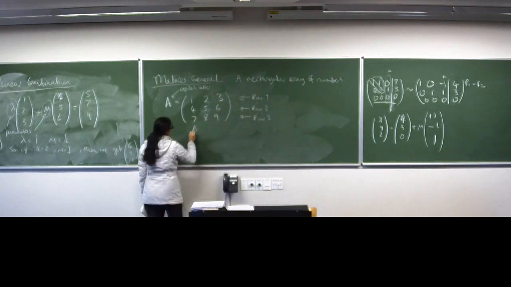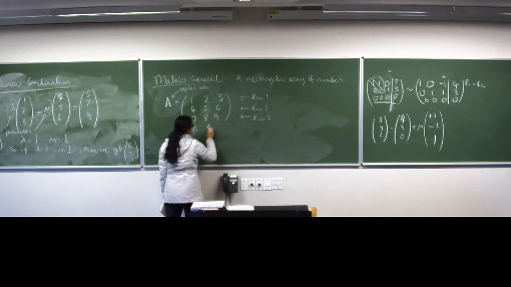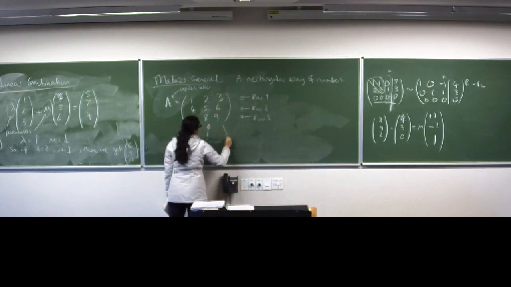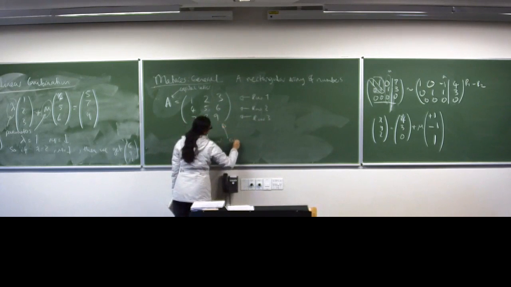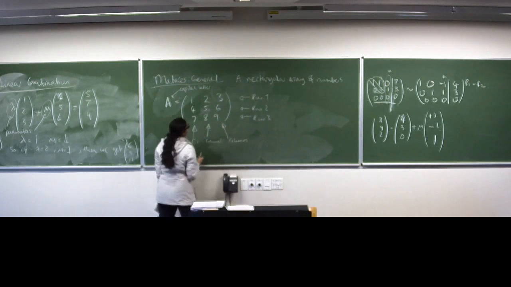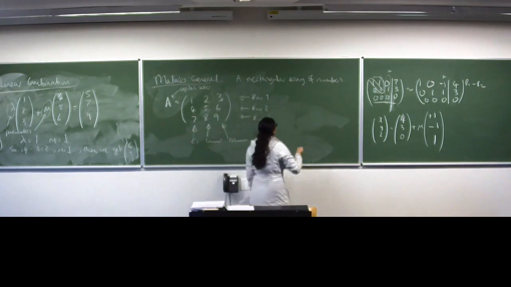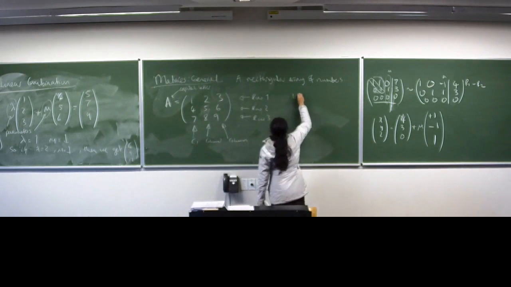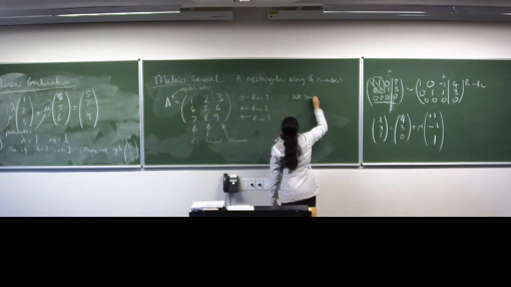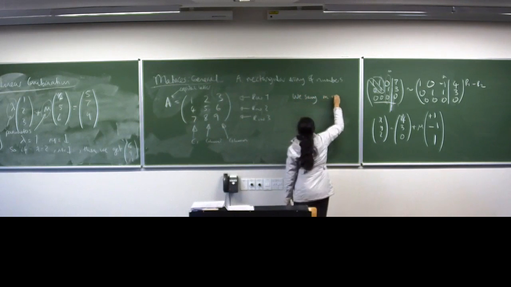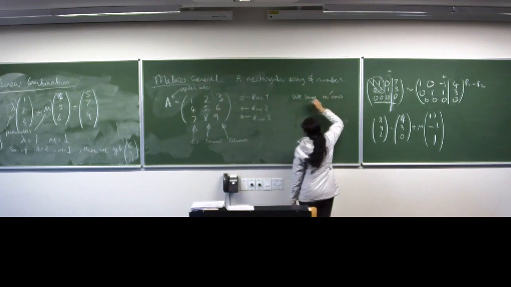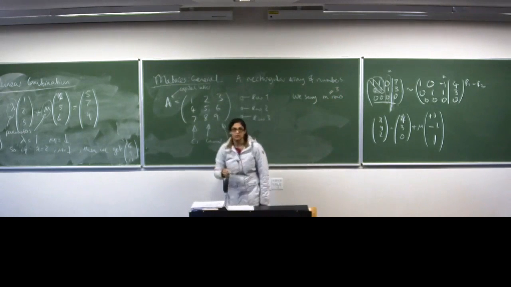And these are your column 1, column 2, and column 3, right? So when we're describing this one, we say M rows, which in this case is 3, right?